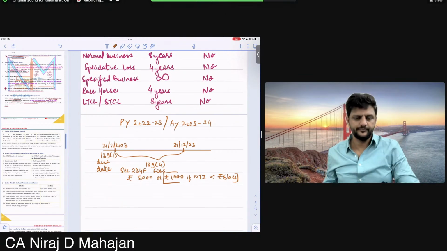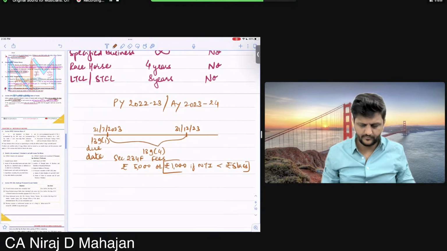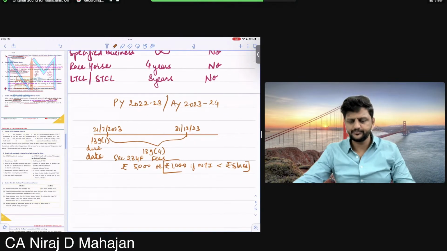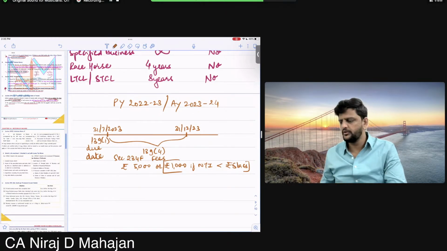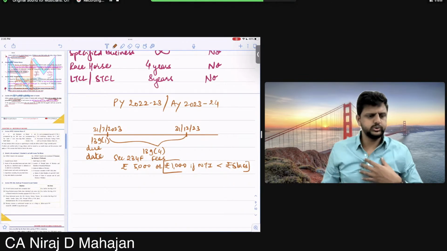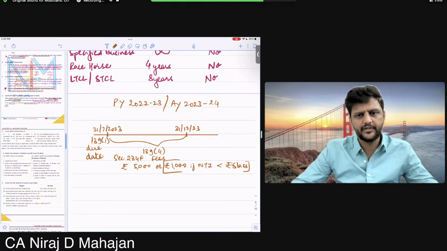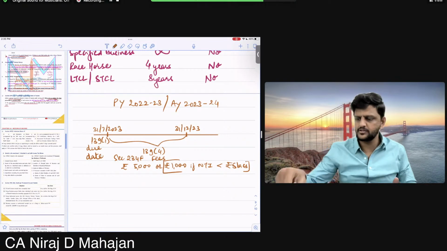Simple, no? That is what I told you. As soon as you touch 139(4) or you are filing under 139(4), fees will be applicable, either 1,000 or 5,000 rupees. Okay?